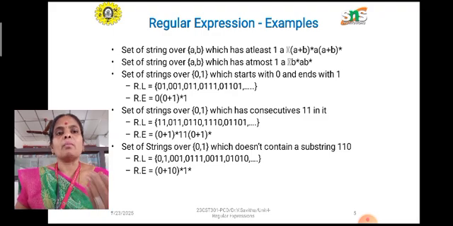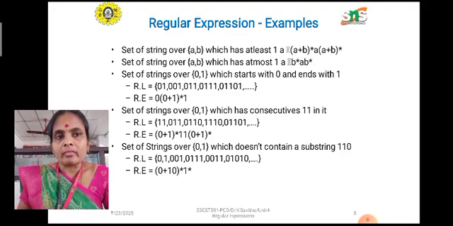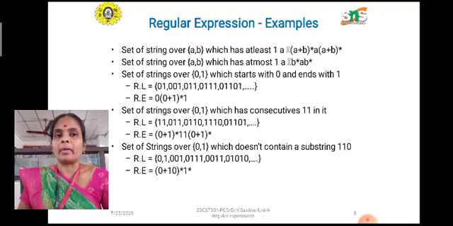And these are some more examples which define the set of strings over a certain rule followed by the input symbols. And here we have given it in a sentence format. Even the regular expression can be explained in normal high level language. For example, take the set of strings over 0, 1 which starts with 0 and ends with 1.